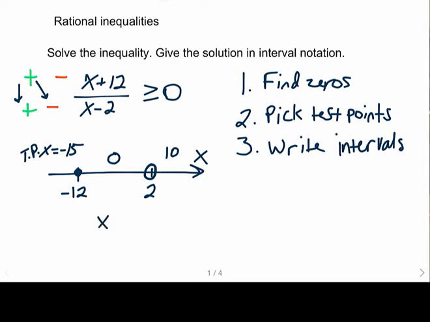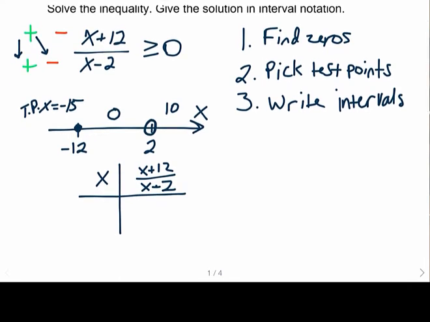We're going to use the test points to figure out the sign of x plus 12 over x minus 2. I don't care about the actual number. What I care about is whether the output is positive or negative, because the inequality is supposed to consist of numbers that are greater than or equal to 0.